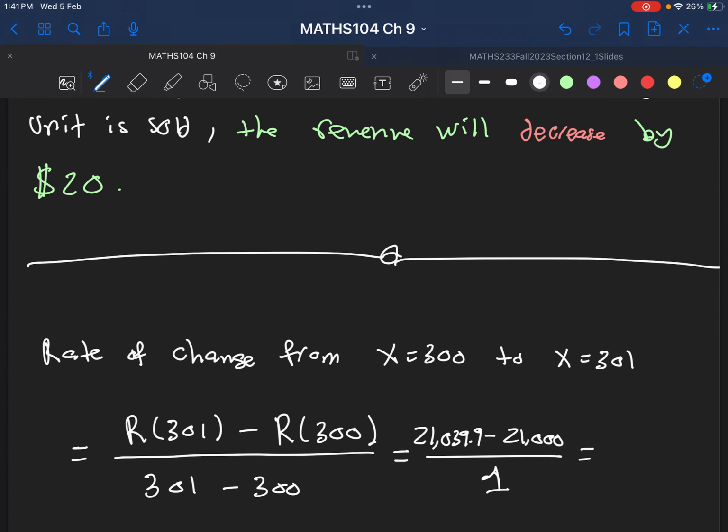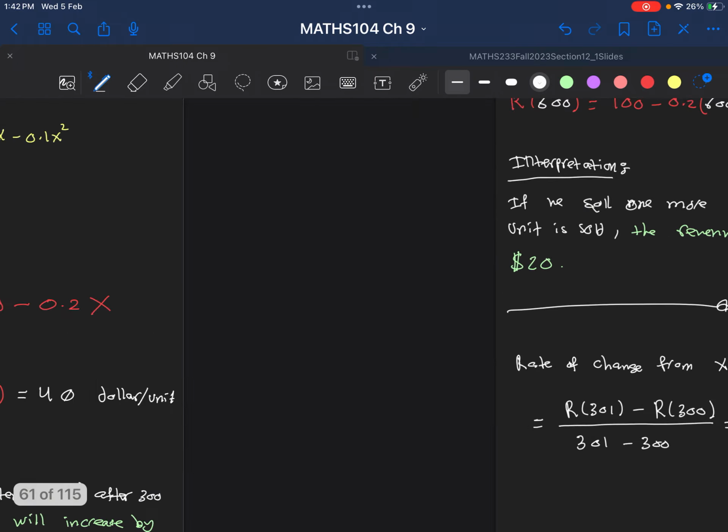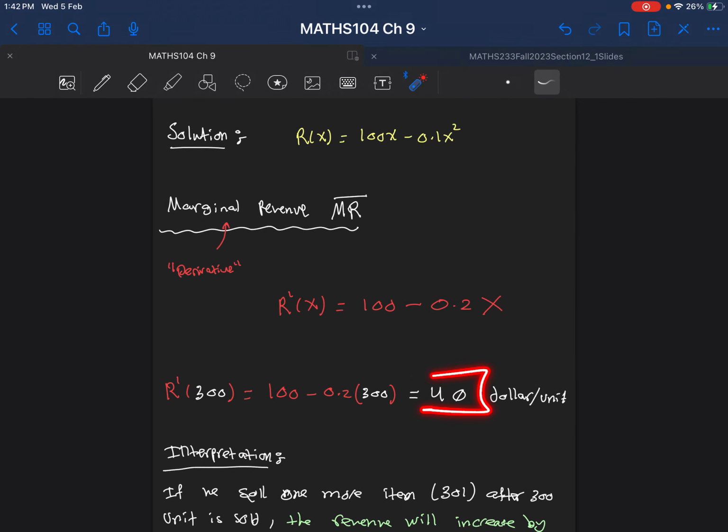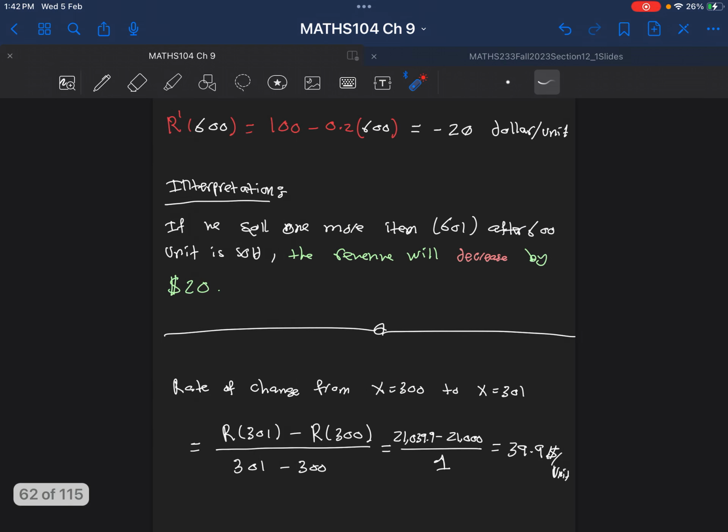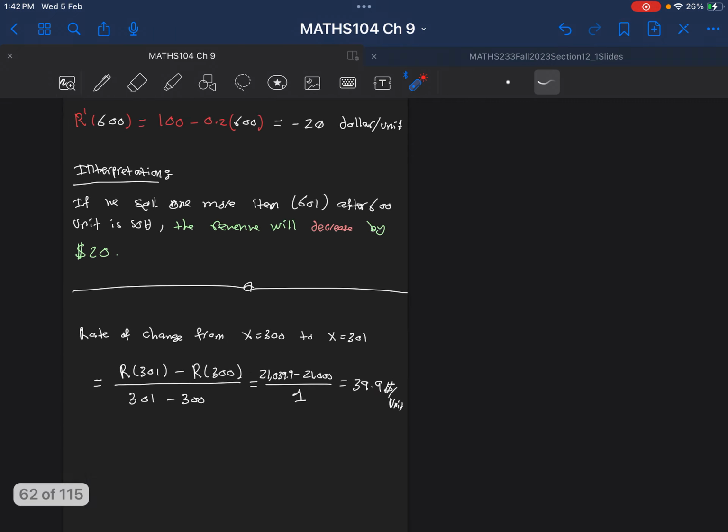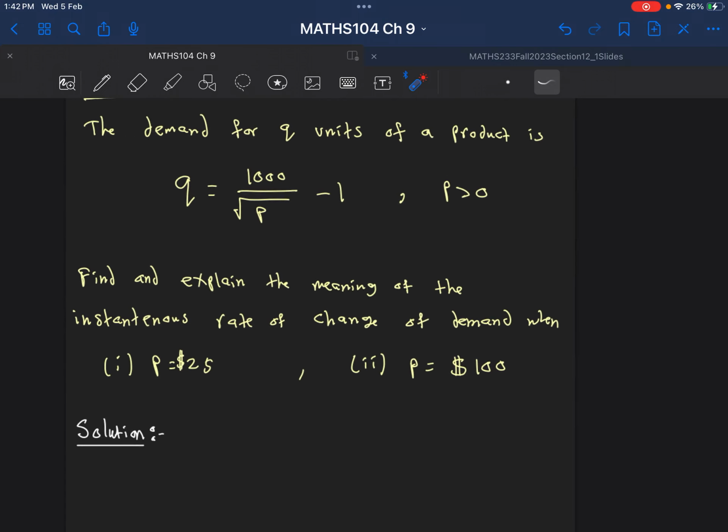The final answer will be plus 39.9, which is almost exactly what we found using the derivative. Using the derivative, we estimated the revenue will go up by $40. Actually, it will go up by 39.9, which is almost the same as our estimation.